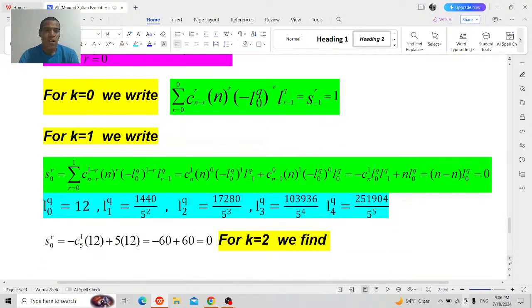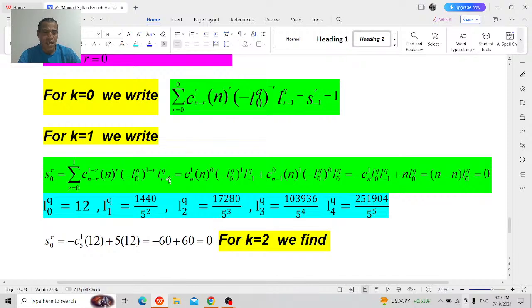To find S minus 1, just set k equal 0 in the discriminant formula of mine. You will get S minus 1 of r equal 1. For k equal 1, just substitute k equal 1 in the formula. It will give you S0 of order r equal the sum from 0 to 1, combination n minus r, choose 1 minus r, n raised to the power r between parentheses, negative L0 of odq raised to the power 1 minus r times L_{r-1} of odq.